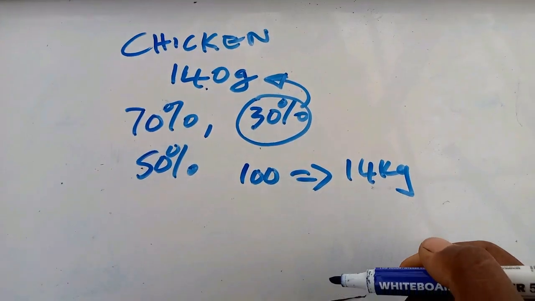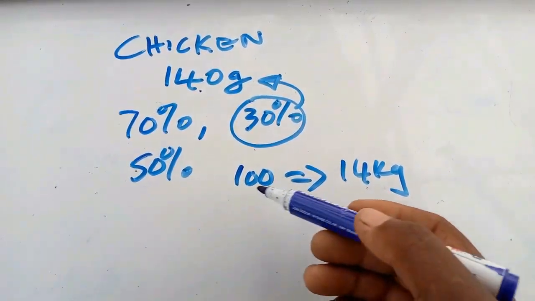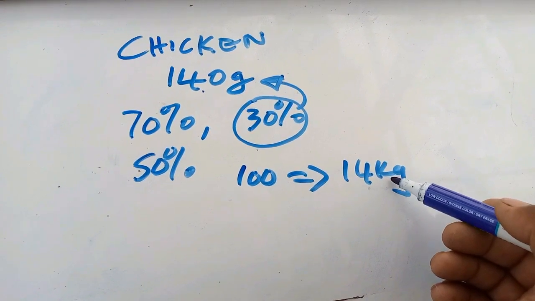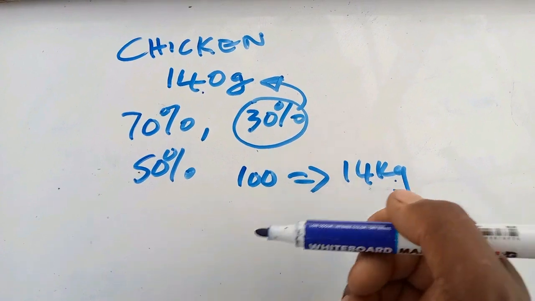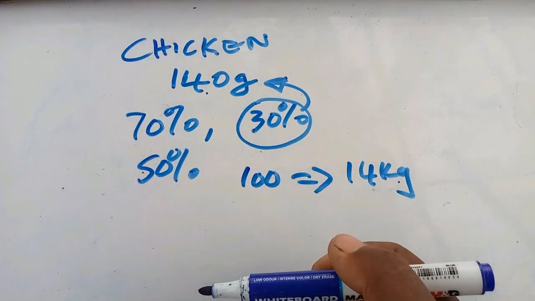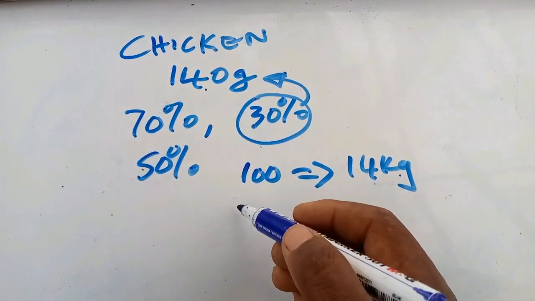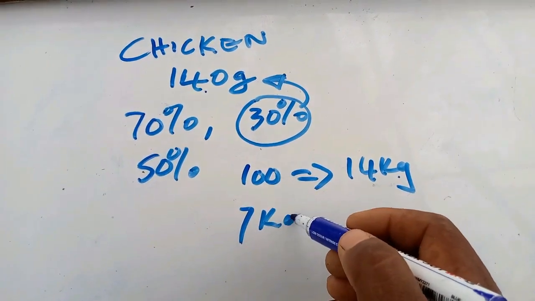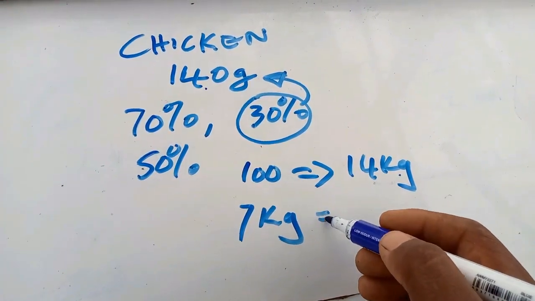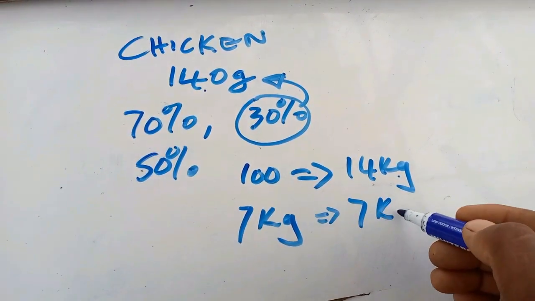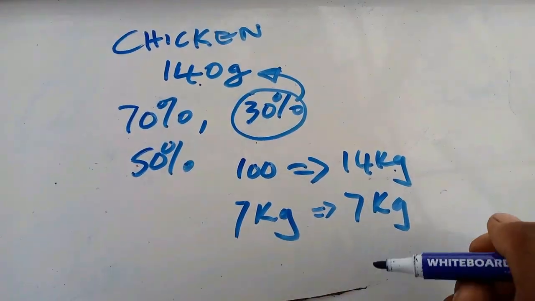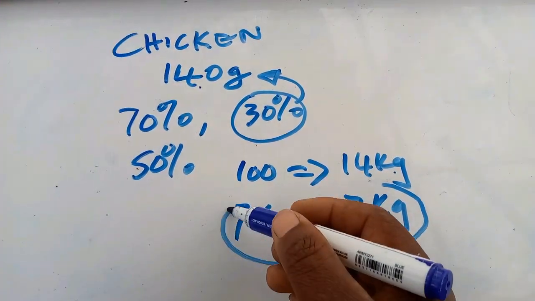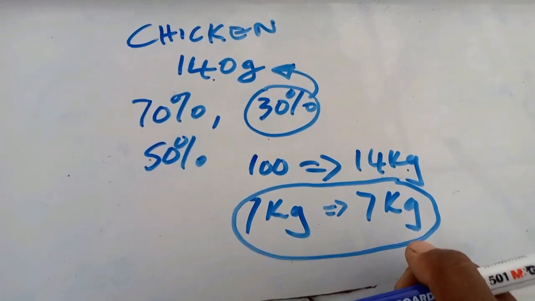So if we need half of this to be the fodder and half of it to be commercial feed, then that translates to 7 kg fodder and 7 kg commercial feed, and this will be given to 100 chicken.